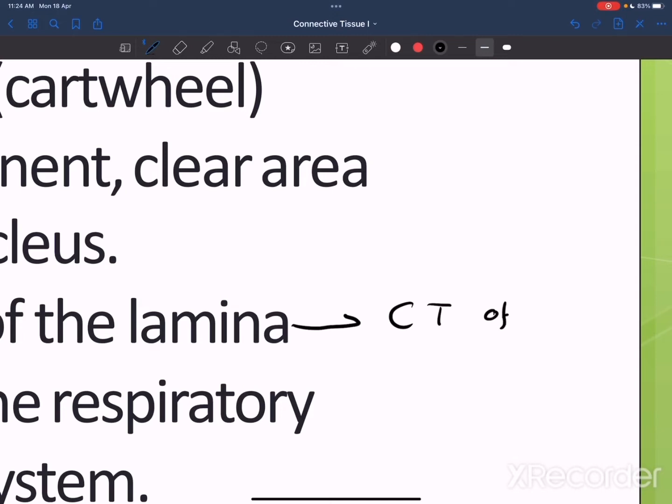Whether in the respiratory, GI, female reproductive or urinary tract, the lamina propria is the connective tissue which underlies and supports the epithelial tissue sheets.